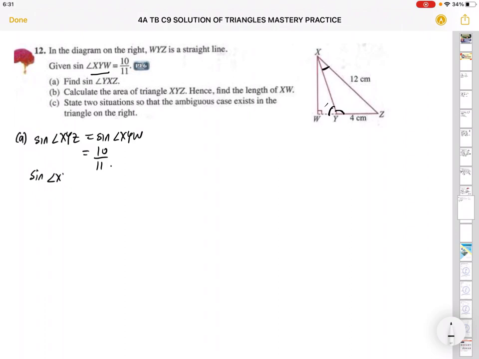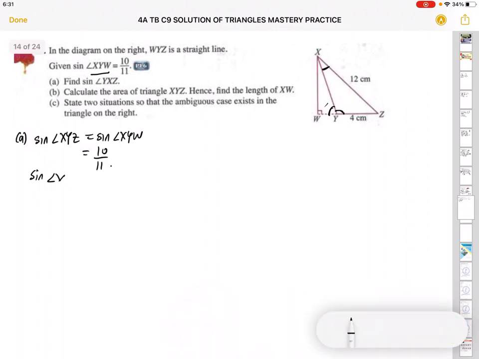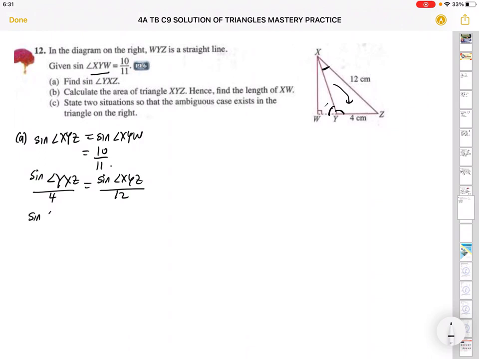I need to divide by the opposite length, which is 4, and take sine XYZ divided by the opposite length, which is 12. Now, sine XYZ is 10 over 11. The 4 I times over, so it's going to look like this, 4 over 12. You can simplify this to 1 over 3, so it's 10 over 33. All right, so that's part A.